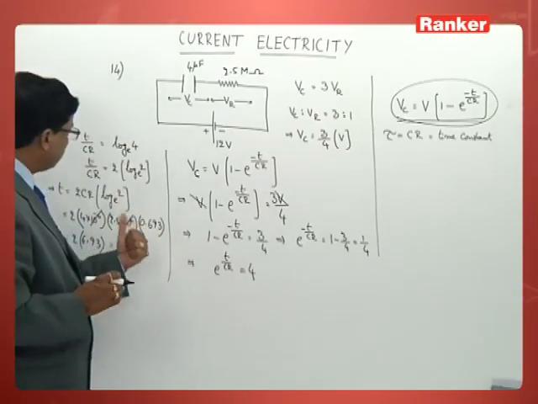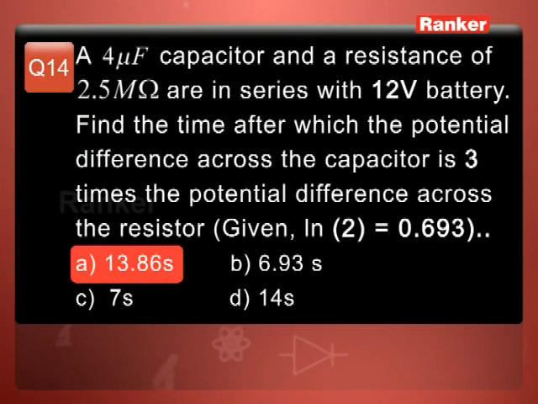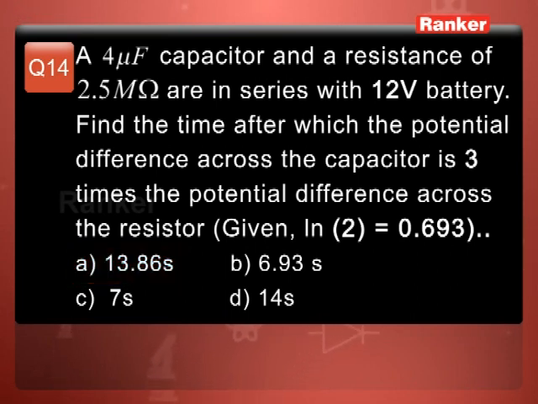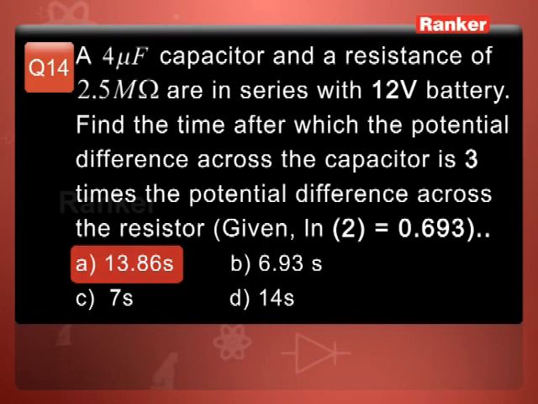So what is the correct option for this question number 14 now? It's 13.86 seconds. So the very first option is 13.86. Therefore, the answer for this particular question is the very first option, A itself.